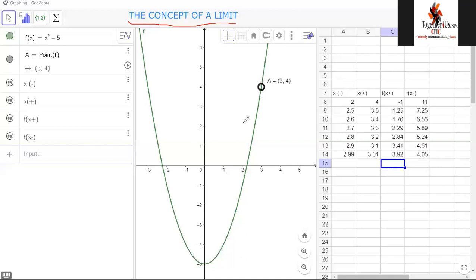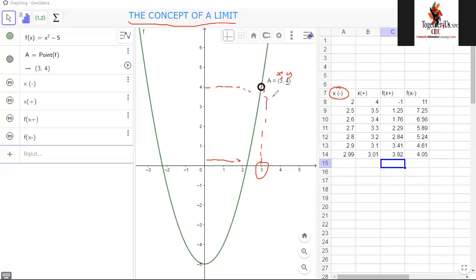Now, you've got x values here, and if you look on the right where I'm settling now, we're looking at x values from the left of this x value. What is happening here? You've got the x value 3, and for that x value 3 there is a y value of 4, okay?